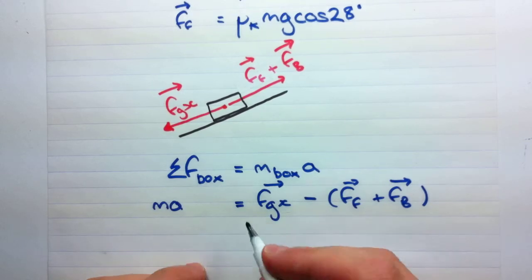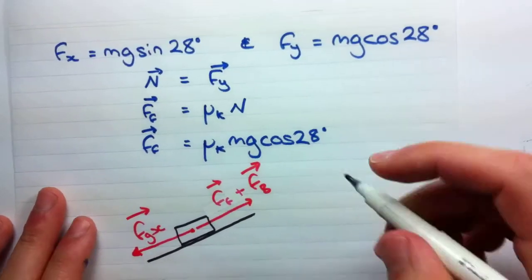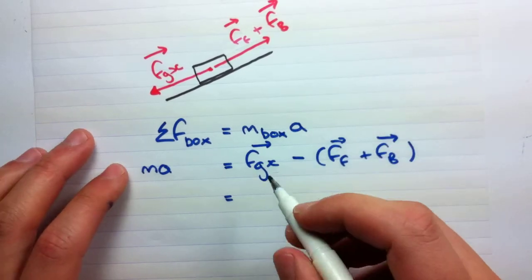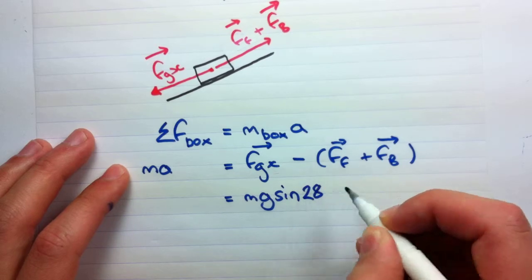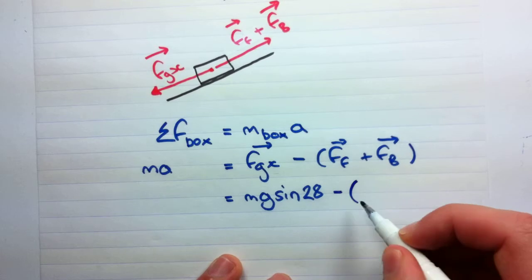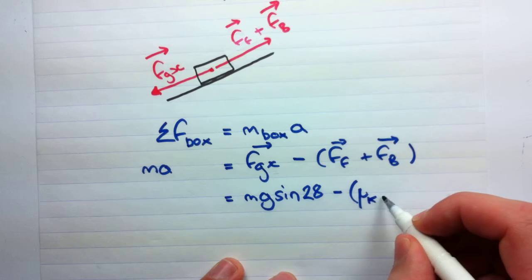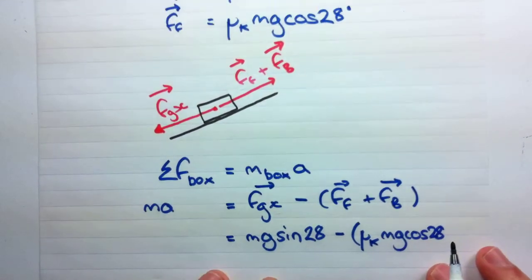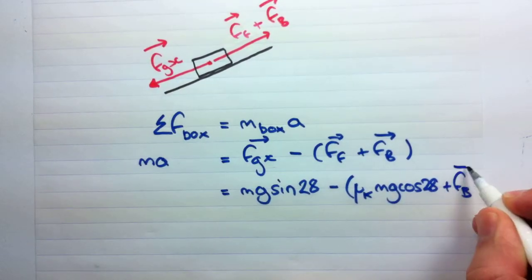We have an expression for this at the top of the page. If you'll remember, Fgx equals mg sine 28. And we have expressions for these now, not for the boy because that's what we're trying to find. So this one here, I'm going to start writing small, μk mg cos 28 degrees, plus the force that the boy is applying.